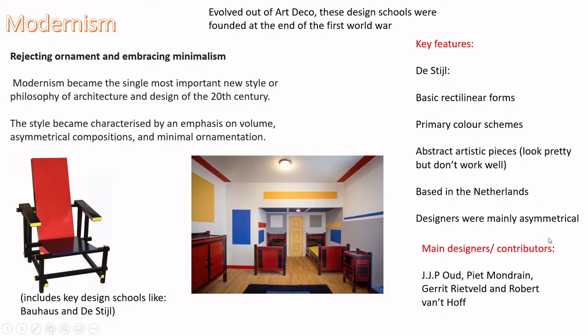Basic designs are asymmetrical, so you can cut them in half and they kind of mirror over. The most common ones are J.J.P. Oud, I'm going to butcher all of these names, Piet Mondrian, Gerrit Rietveld, and Robert van 't Hoff. I think I got that last one right.